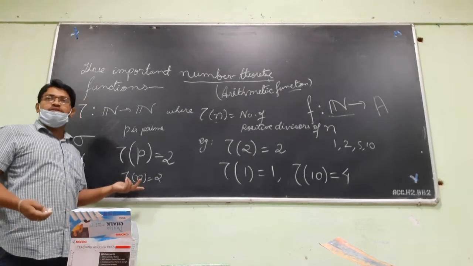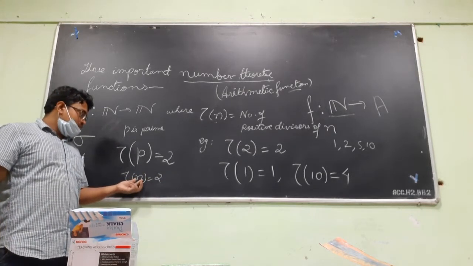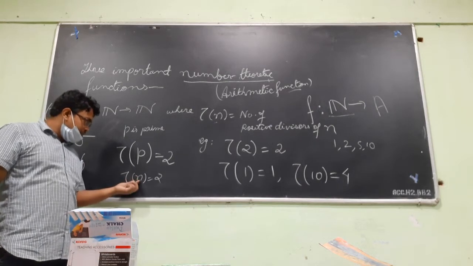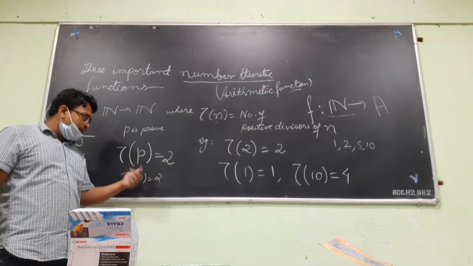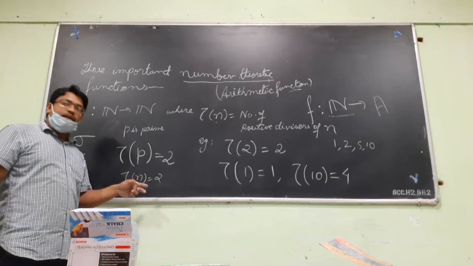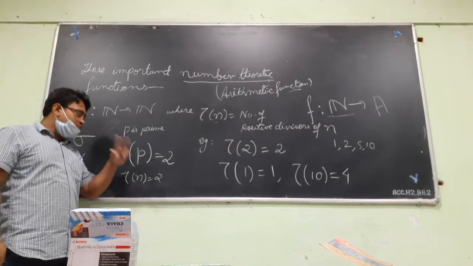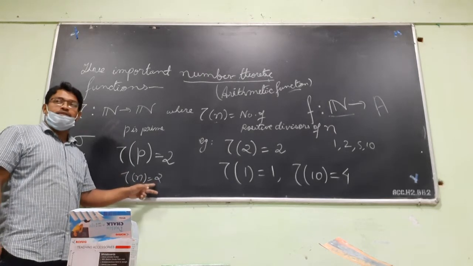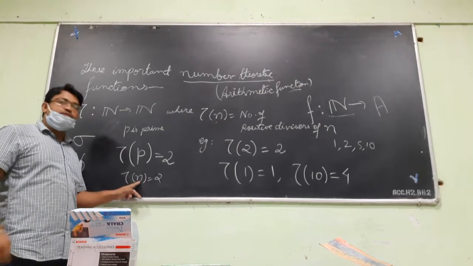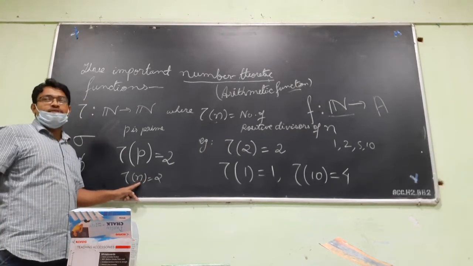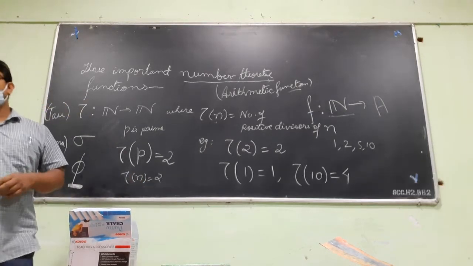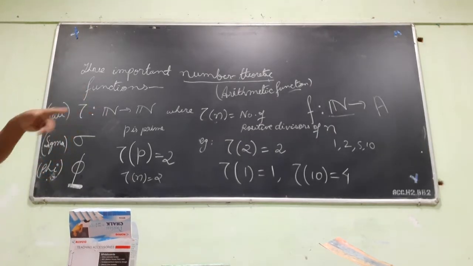They are always divisors of any number. So we already know that 1 and n are divisors of n, and those two divisors are counted here. That means the number n has no other divisors, only 1 and itself. That means n is a prime number. So if tau of n is 2, n has to be prime.